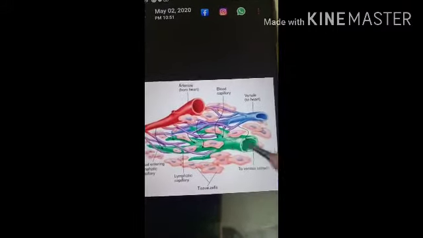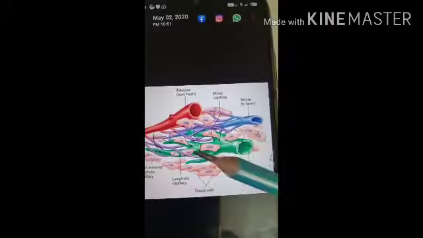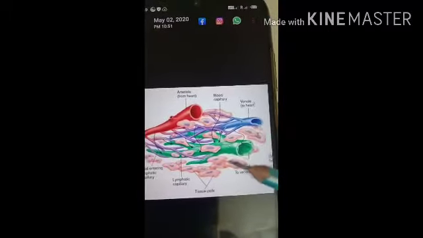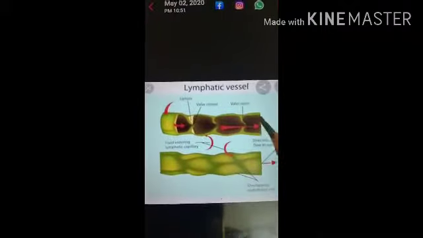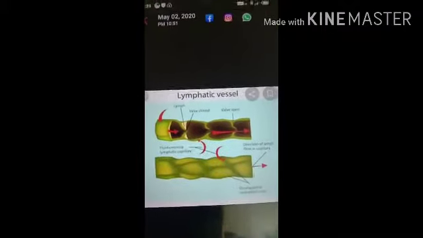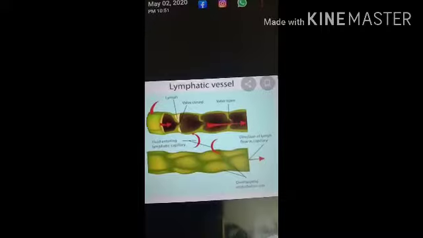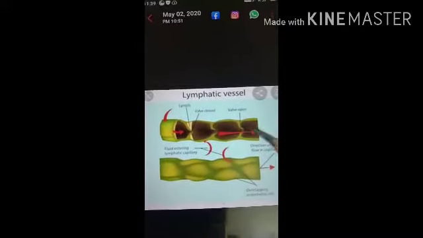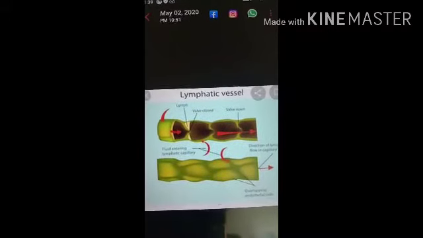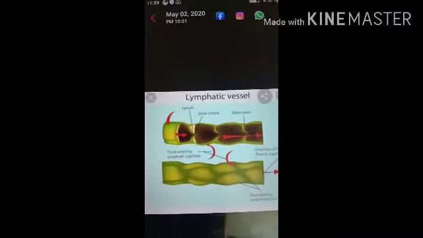They are structured like capillaries, having a single layer of endothelial cells. Here you can see it forms a single layer of endothelial cells, but their walls are very permeable to all the interstitial fluid constituents, including the proteins and cell debris.